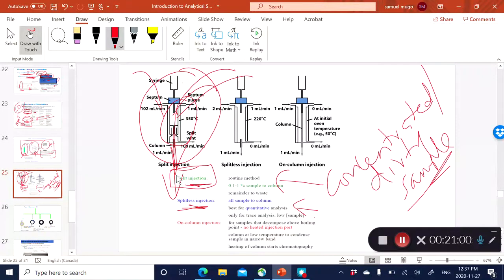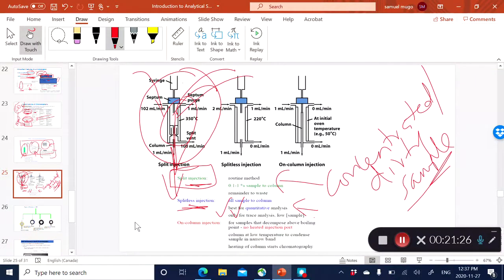And especially if at all I want to do good quantitation, ideally, I should be using the splitless injection, where all the sample goes to the column. Because remember, anytime I'm doing a split, there's an error involved. I cannot reproduce the split very well. But with a splitless, it's very reproducible.